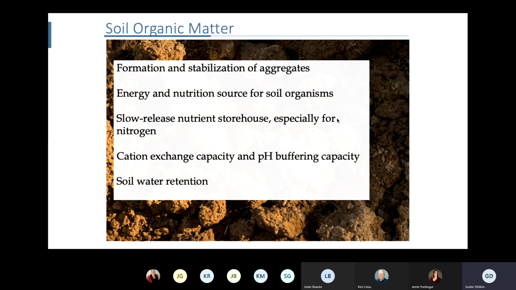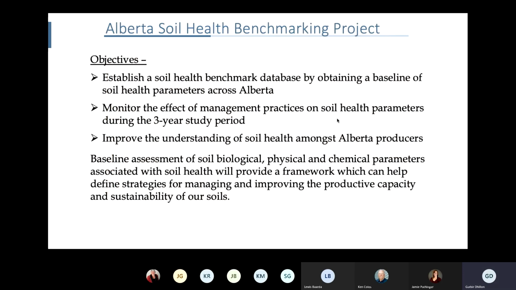So the soil health assessment needs to include baseline or reference values in order to enable the identification of management effects on soil health. That is precisely the objective of the Alberta Soil Health Benchmarking Project.